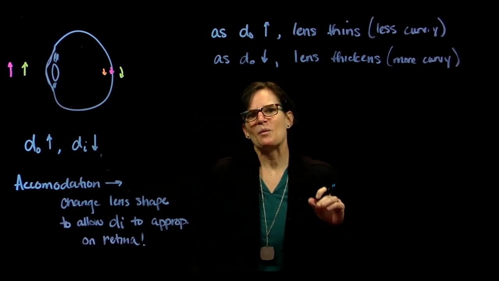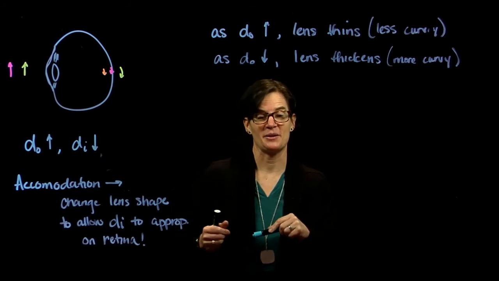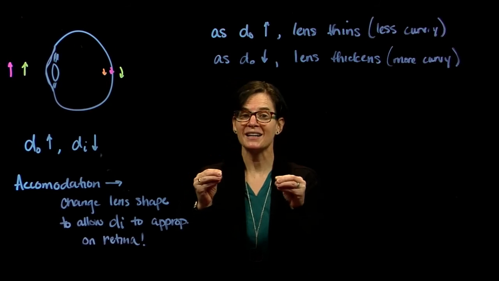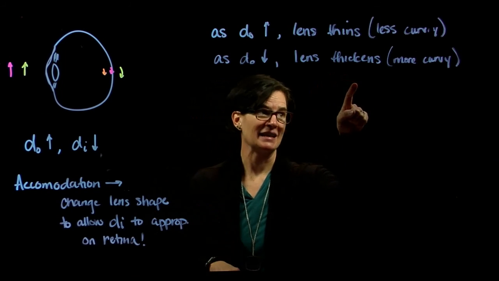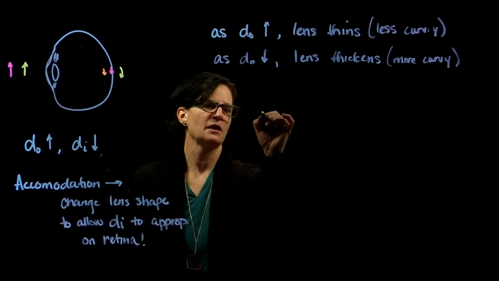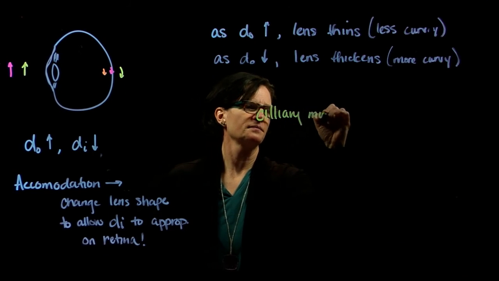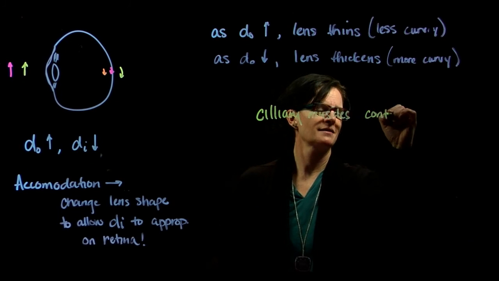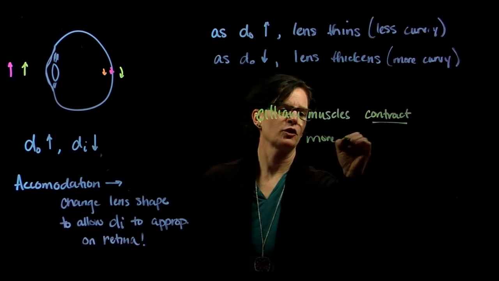Now, where this works is in those ciliary muscles. When the ciliary muscles contract, the lens thickens, or it becomes more curvy. This feels backwards, so I like to write it out: when the ciliary muscles contract, we get a more curvy lens.